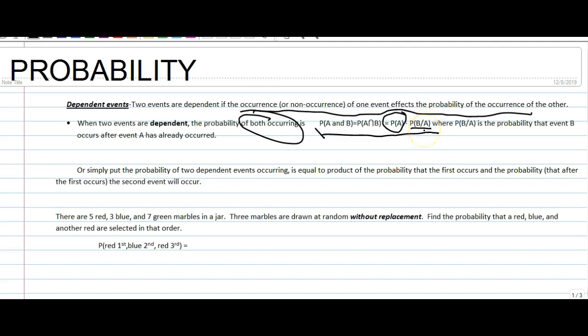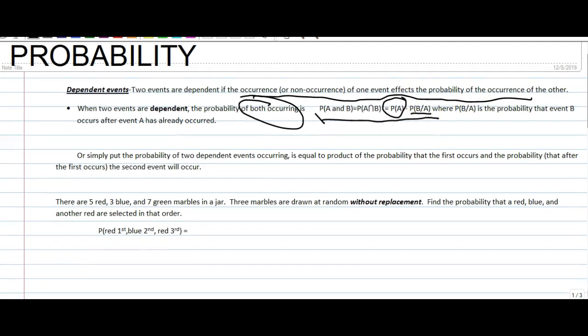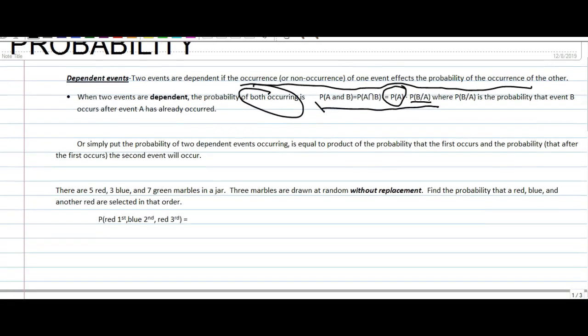So let's look at some situations here, and let's see if we can determine what distinguishes two dependent events from that of independent. So here we have a jar which contains 5 red, 3 blue, and 7 green marbles.